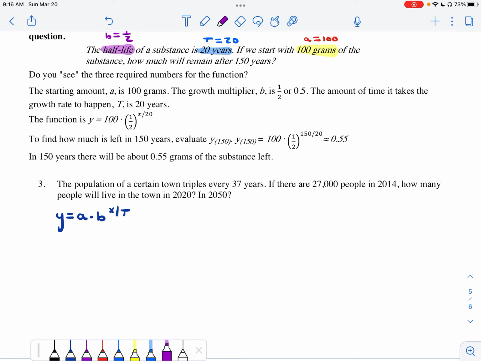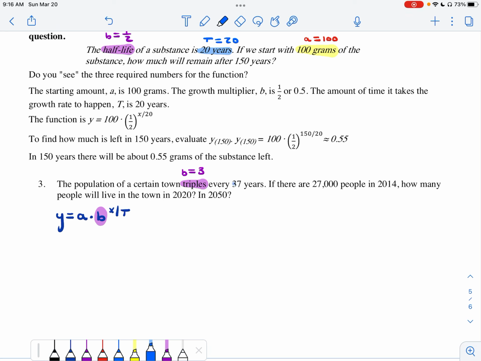If we read back through this, it says the population of a certain town triples. That's telling us how our population is growing, so triples would be our b value. If something is tripling, it's multiplied by 3, so our b value is 3. Now it says it triples every 37 years.